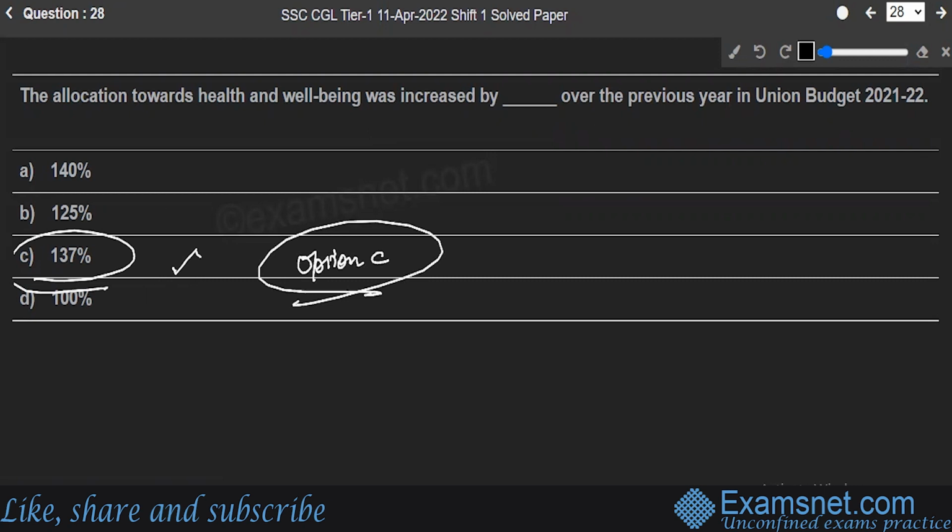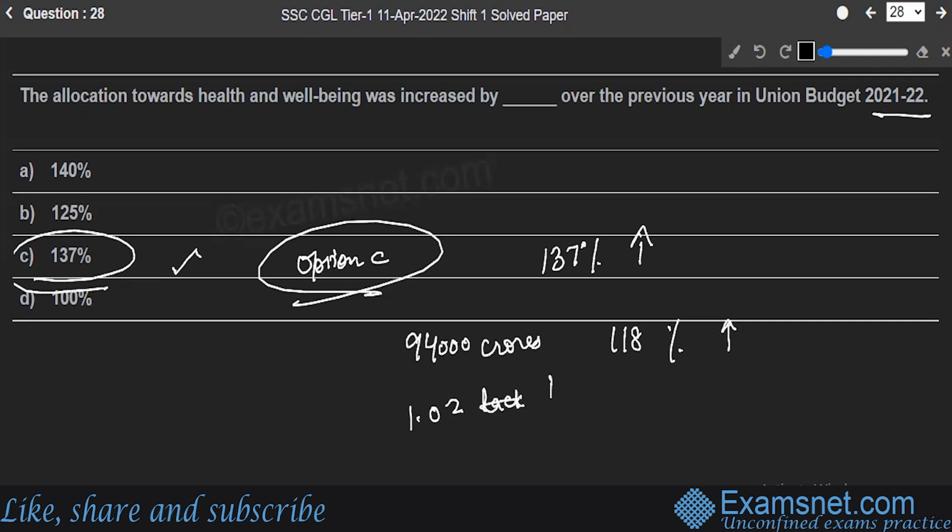According to analysts, one of the sectors that has been continually neglected is health. However, in her budget in 2021-22, our Finance Minister Nirmala Sitharaman announced a 137% increase in the allocation for health from the previous year's budget estimate of approximately 94,000 crores and a 118% increase from the previous year's revised budget of over 1.02 lakh crores.